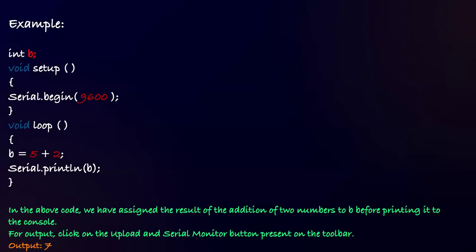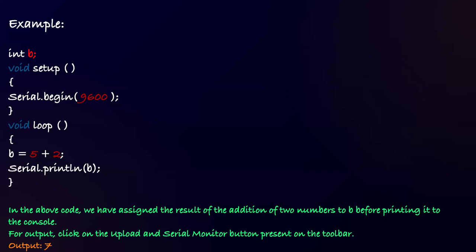This example is a very simple example just to show you the operation of what we are using. So 5 plus 2, we all know the answer would be 7. See what we have done over here. We have declared the variable int b, and in void setup we have set the rate.